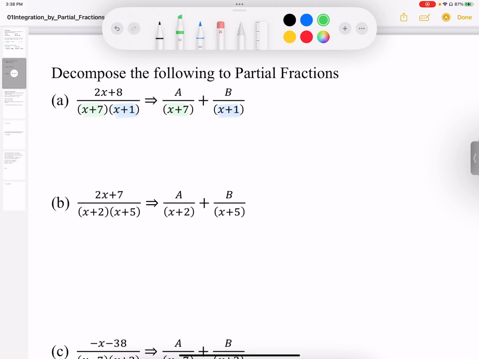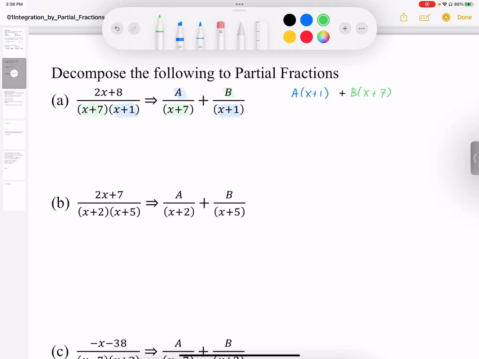But we know that when we add these together, we're going to get b times x plus 7 and a times x plus 1, and that's going to equal the numerator of 2x plus 8 with a common denominator of x plus 7, x plus 1. So I'm just going to set it up: a times x plus 1, plus b times x plus 7.